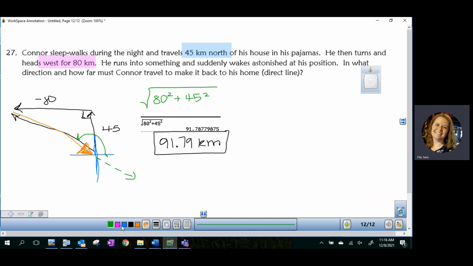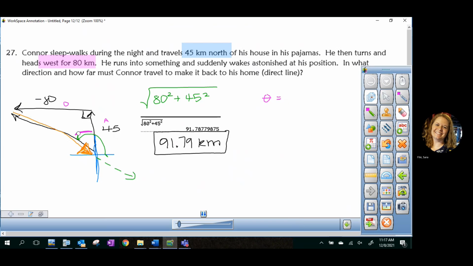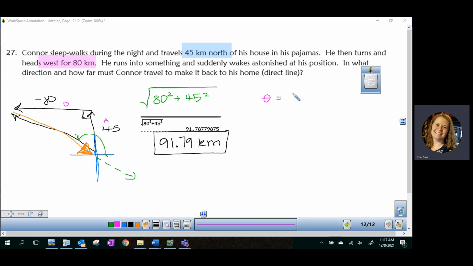Okay, so to find the angle in the triangle, we use tangent, opposite and adjacent, or you can consider that your A and your B. As we know, theta, the direction angle, is inverse tangent of B over A.